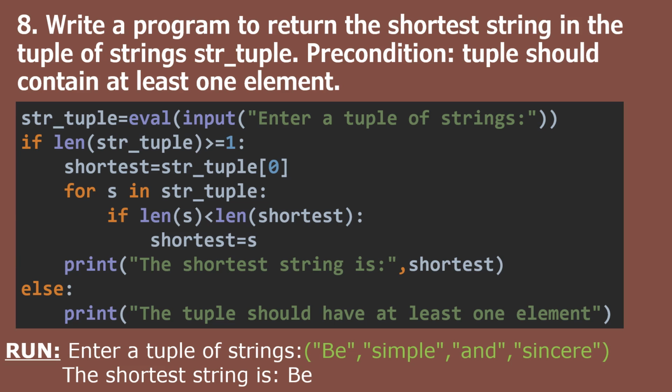If any string in the tuple has a length shorter than the length of the string stored in shortest, which holds the first string of the tuple, then shortest will be assigned that particular string. So at the end of this loop, the shortest string will be stored in the variable shortest. Then you can see the output is like this. Be simple and sincere. Then the shortest string is B.